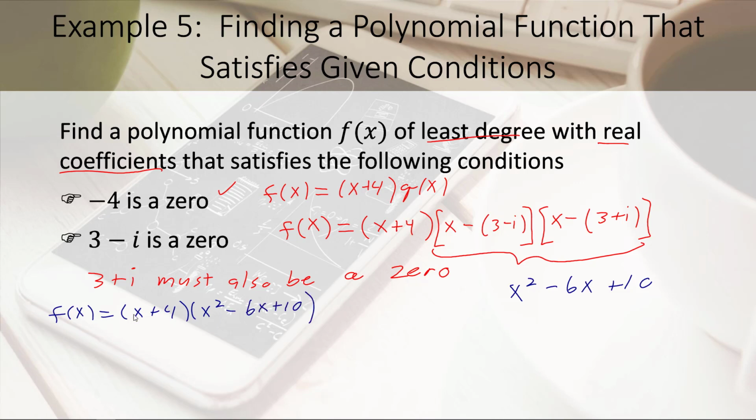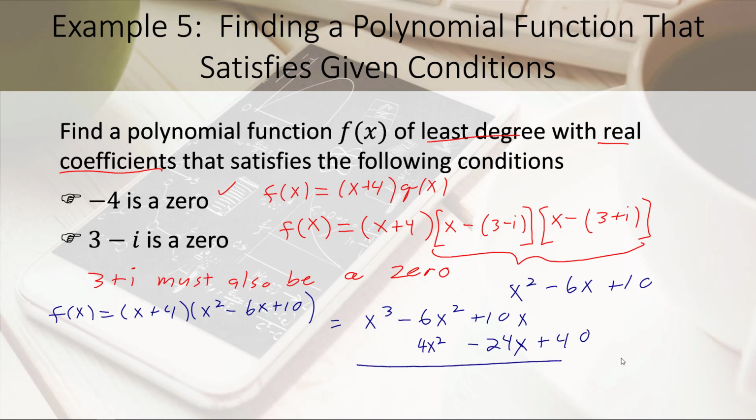Here we're going to multiply x by every single term here, and that would give me x cubed minus 6x squared plus 10x. Then I'm going to multiply 4 by every single term here, and that will give me 4x squared, which I'm going to write under here, and then negative 24x, which I'm going to write under here, so I can add vertically, and then positive 40.